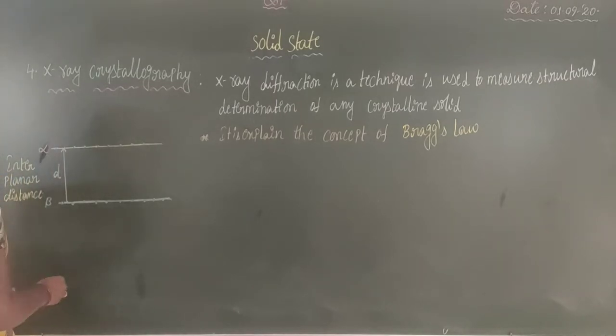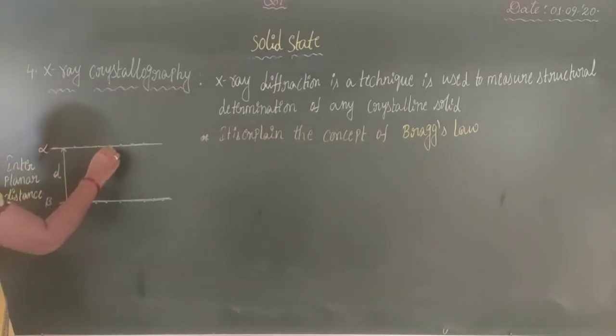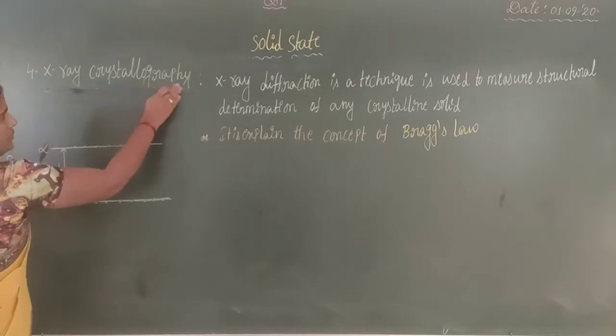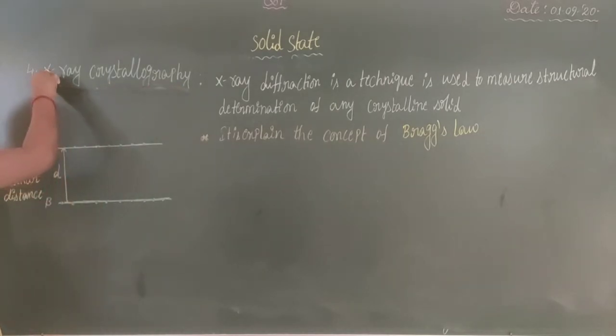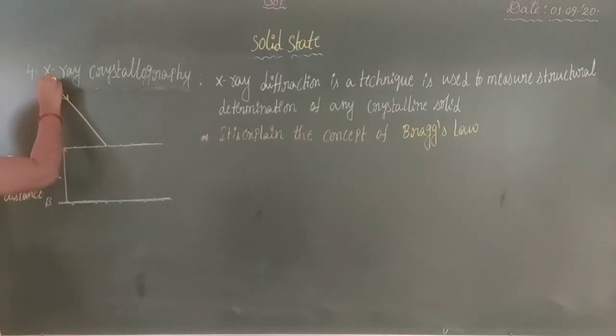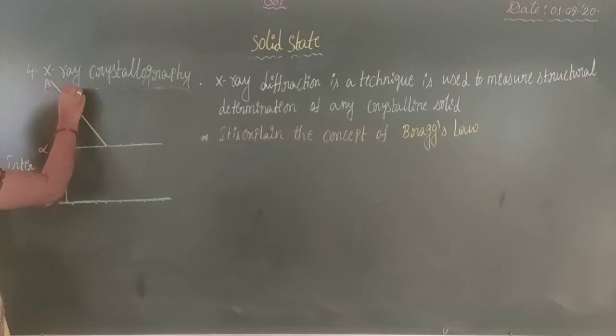For example, suppose you take a beam of X-rays, denoted by the letter A. These rays are called incident X-rays.